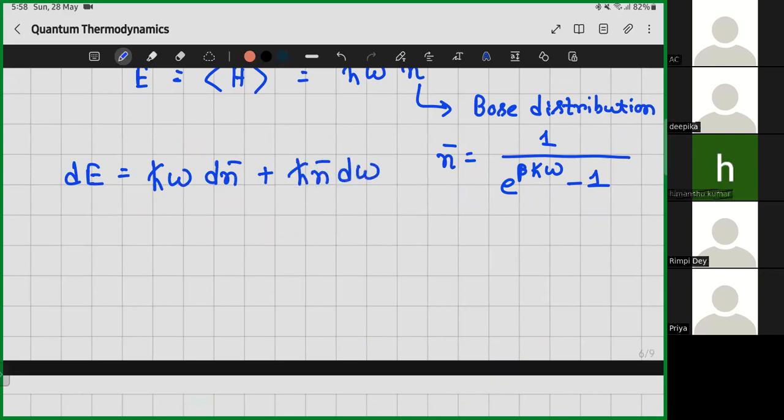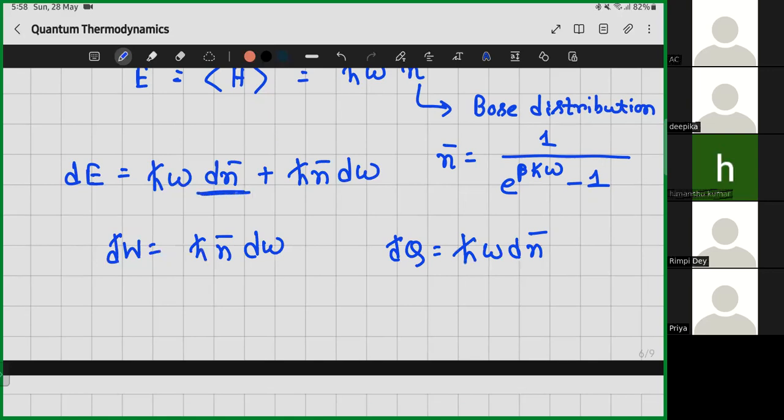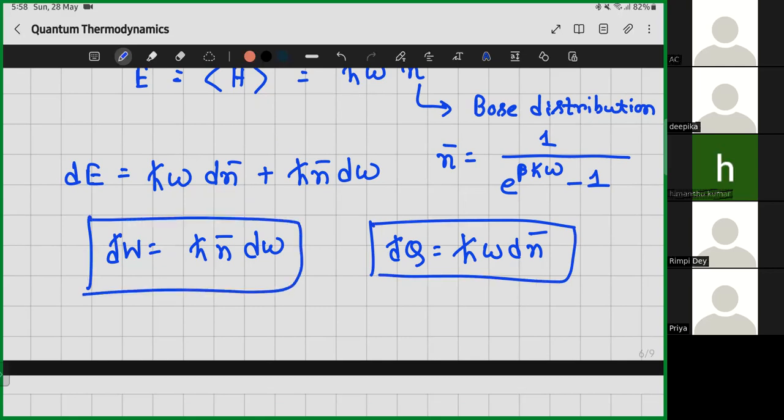Again, we can relate the d cross Q and the d cross W. Here the work done is h cross n bar d omega, and the heat is, by the same analogy, because if we provide the heat, then the population n will change. So that is why this is related with heat, and this is related with the work done.